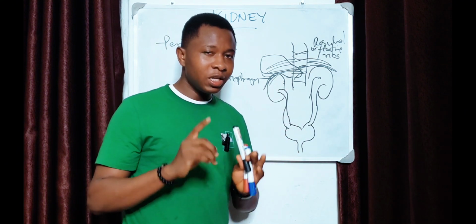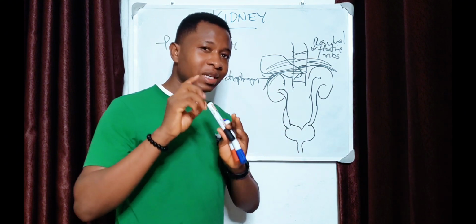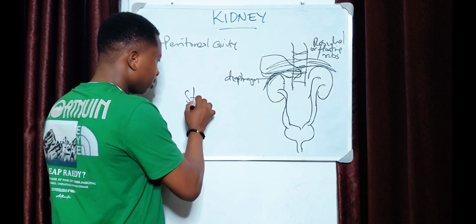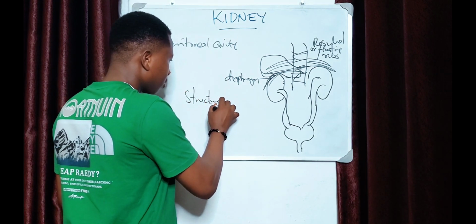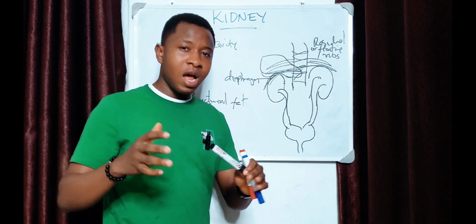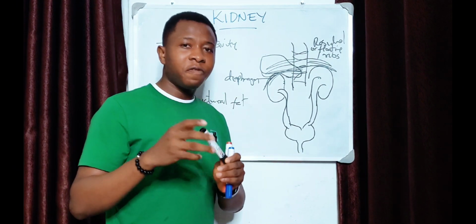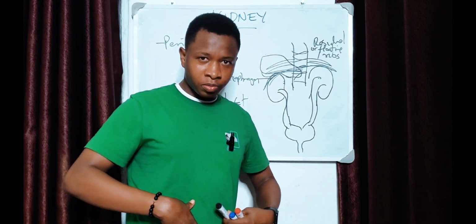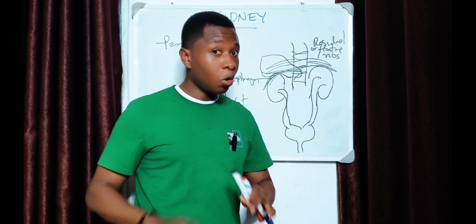Wrapped around the kidney is what we know as the structural fat. There are two basic types of fats. We have the structural and the functional fat. The functional fats are those fats you can find at your stomach region, maybe your laps region, and other parts of the body.